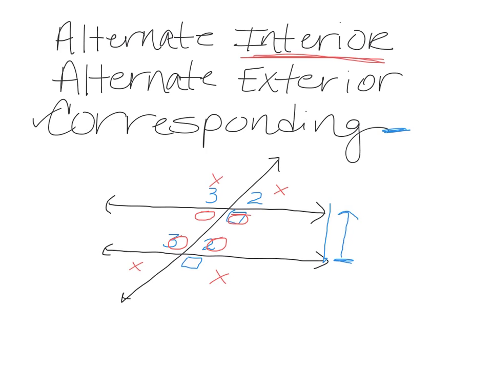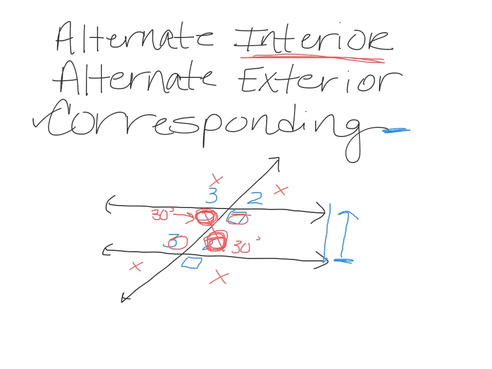So alternate means different, across from, separate. So if I look at this one, alternate would be this one. So these two angles, these two circles right here, are alternate interior angles. So whatever this measure is, if it were 30 degrees, this one would also be 30 degrees.